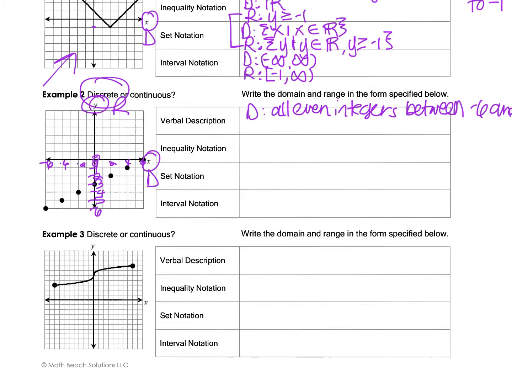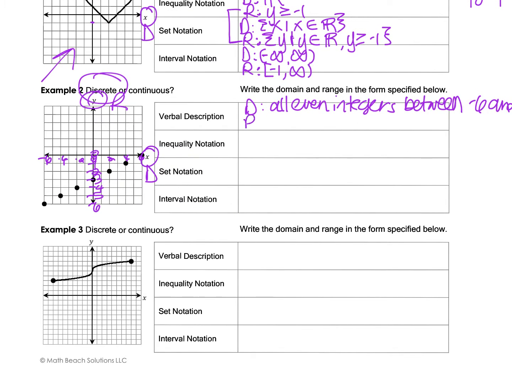So the range would be all integers, because it's not any decimals or fractions, between -6 and 0. So basically you're just having to look at your graph, looking at the x-axis for domain, looking at the y-axis for range.